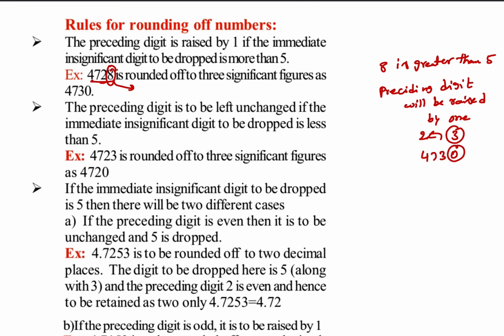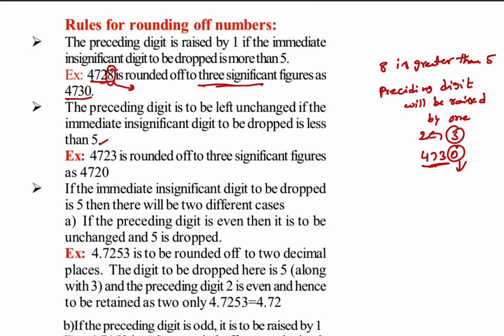If the preceding digit is raised by 1, what is there here? Preceding digit 2 should be raised to 3. So now 4730. Now 0 is non-significant. That's why we can write in 3 significant figures: we'll get 4730.